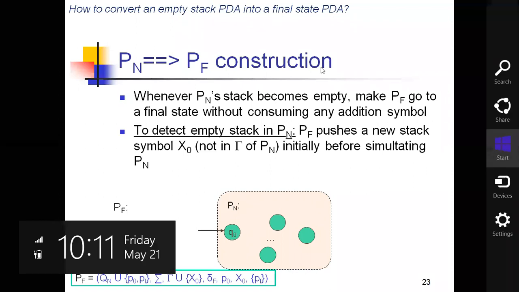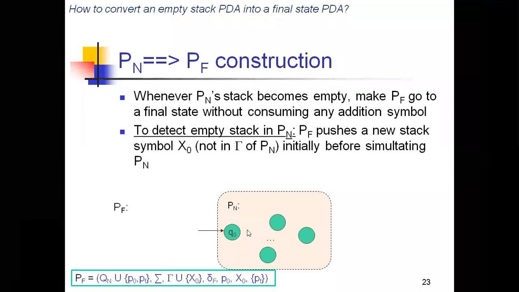So to detect this empty stack in PN, the PF should push a new stack symbol like X naught, and it should not be in the tau of the PN. Initially, before simulating the PN, the representation of the PF should be like this.